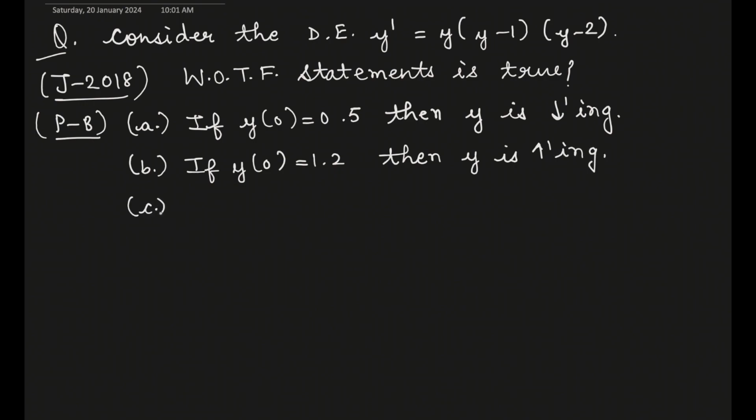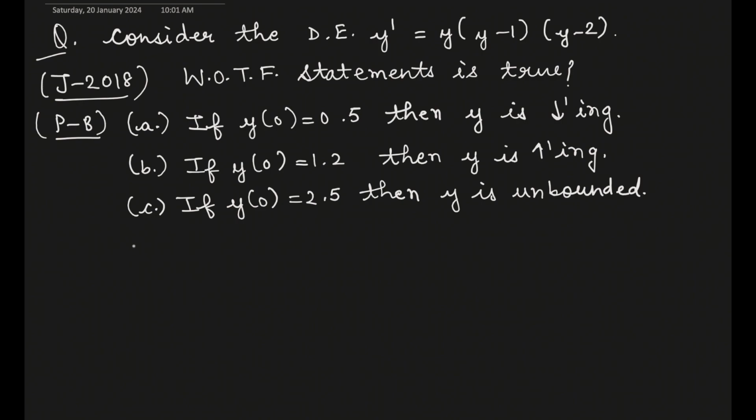Option C, if y(0) is equal to 2.5, then y is unbounded. Option D, if y(0) is less than 0, then y is bounded below.